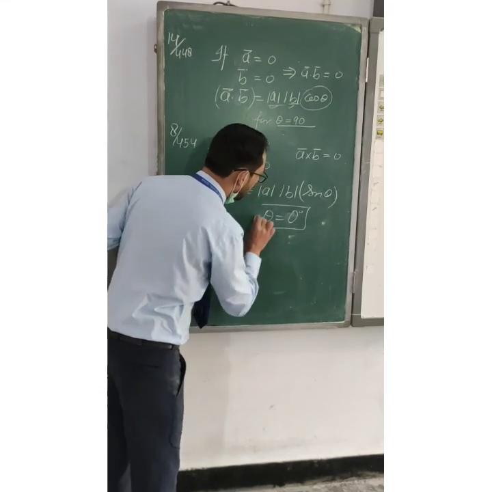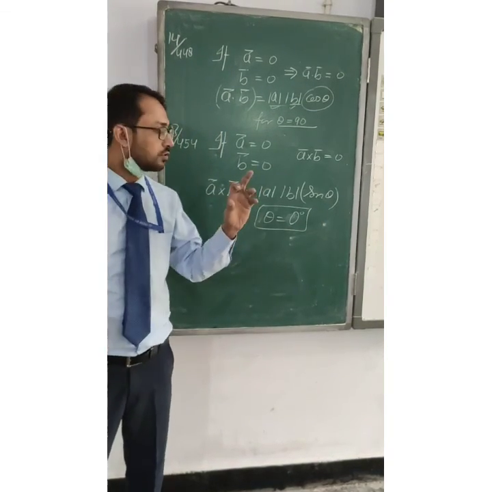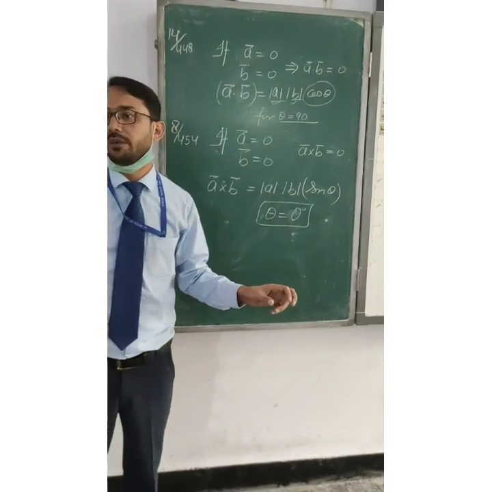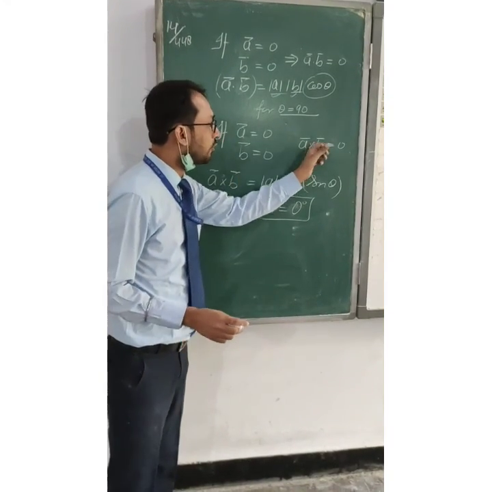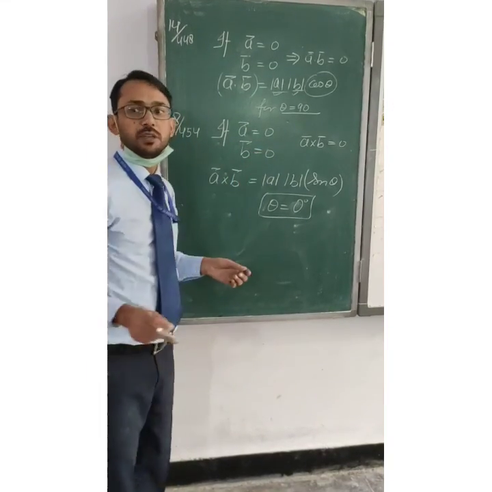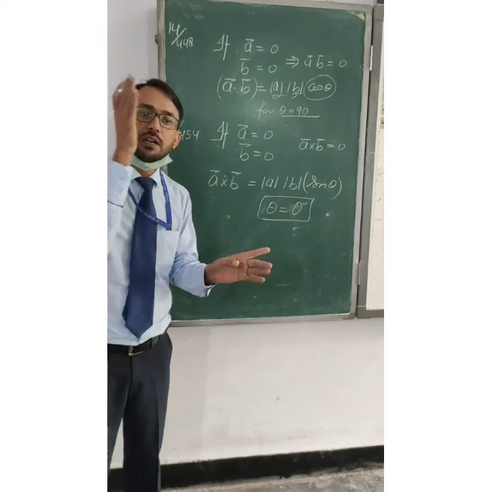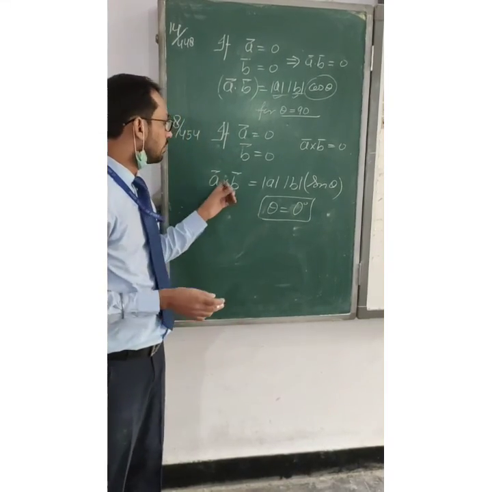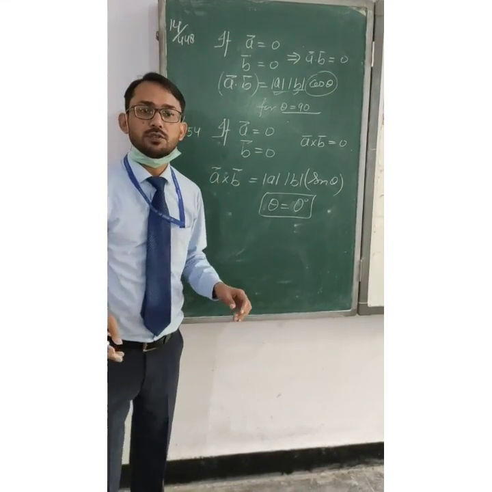So that condition also may affect the result. On this side, three factors will be affecting. That's why when A cross B equals 0, it is not compulsory that A and B are equal to 0. Both the vectors can be collinear and parallel. In that case also A cross B will be equal to 0.